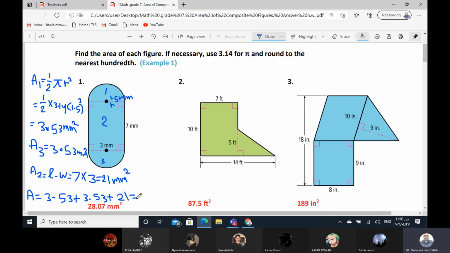The answer will be 28.07 millimeters squared.